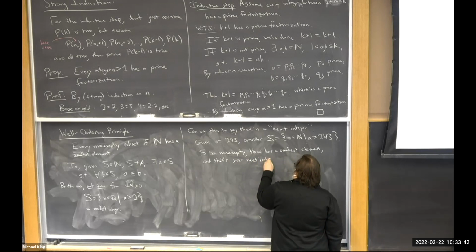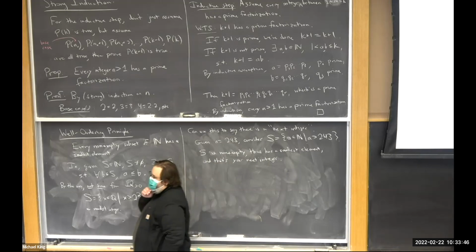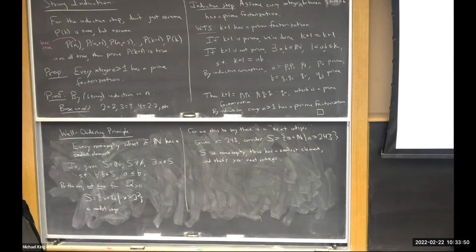Now, I don't think it's actually obvious that the next integer is 243 plus 1. How do we know that there's not something in between 243 and 243 plus 1? This just says that there is a smallest element of that set, but it doesn't say that that smallest element is 243 plus 1.